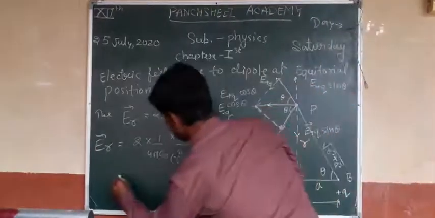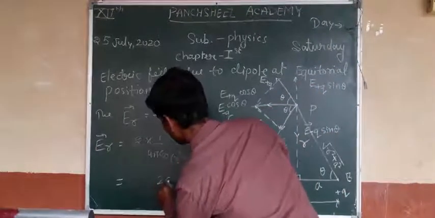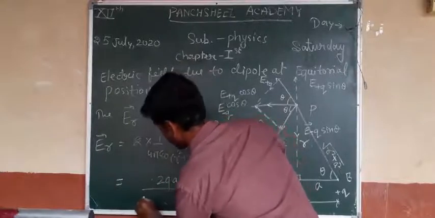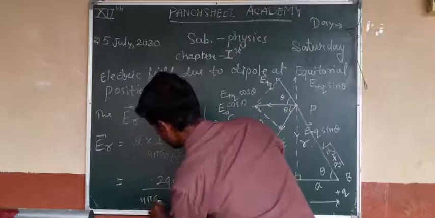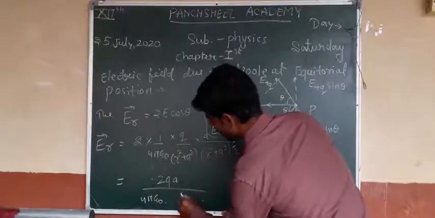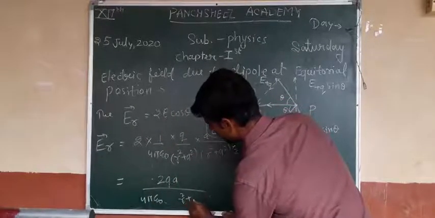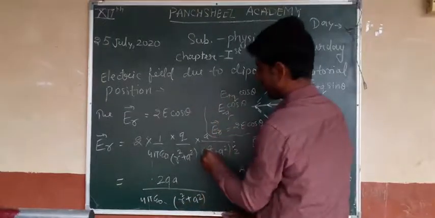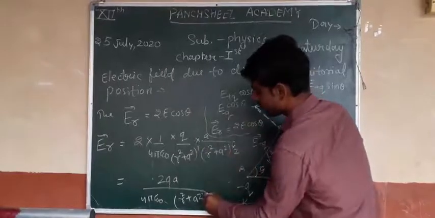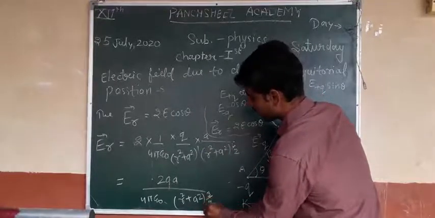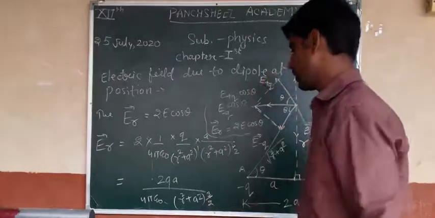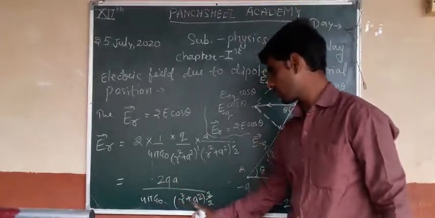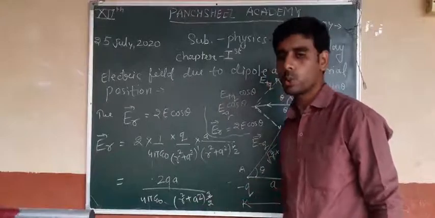Okay, so this is 2qa upon 4 pi epsilon naught and R square plus A square, and the power is 1 plus 1 by 2, this is 3 by 2. Okay, 2qa upon 4 pi epsilon naught R square plus A square power 3 by 2.